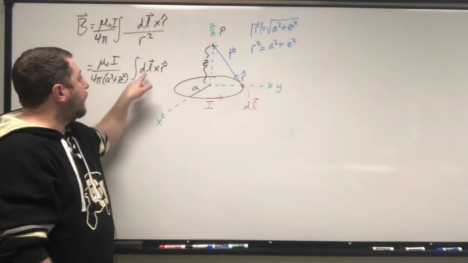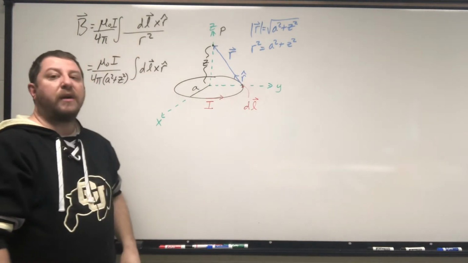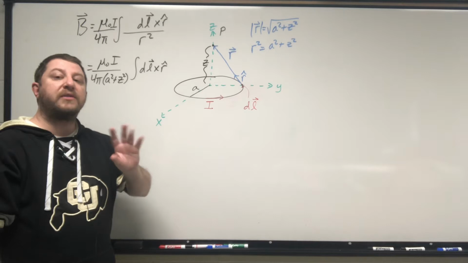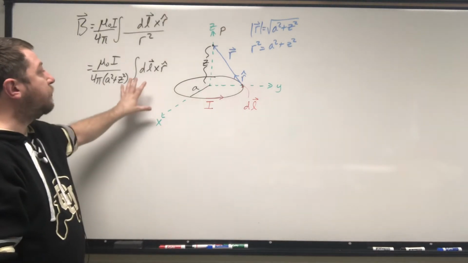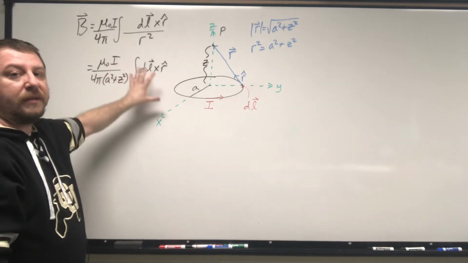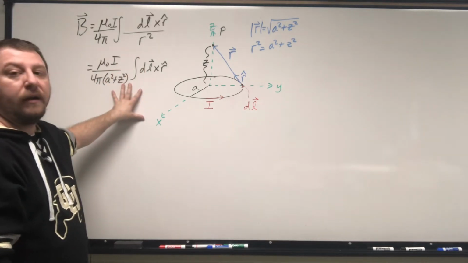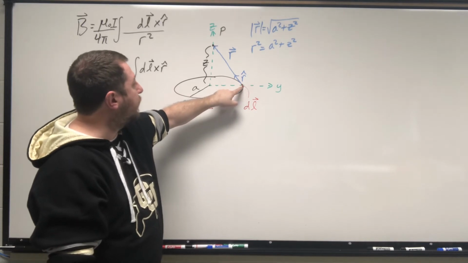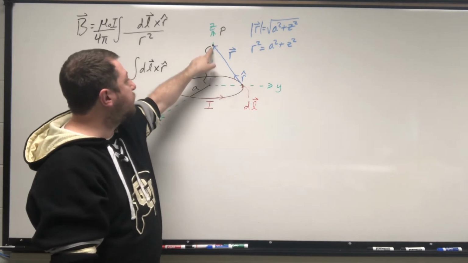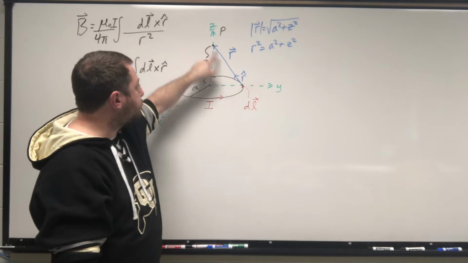Now, how to handle the dl cross r hat. This is one of the two most crucial points. A lot of people would not have too much trouble getting here, okay? Because you can define your r vector from the point at which you choose your dl to your field point. That's fine.